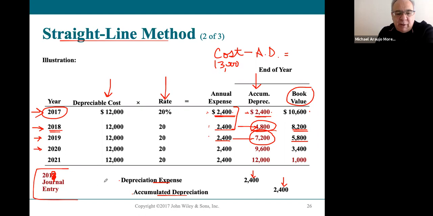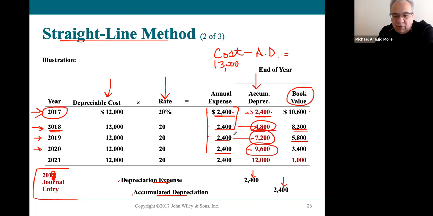After the 4th year, we do the exact same entry in the journal. Depreciation expense gets a $2,400 debit, accumulated depreciation $2,400 credit. Again, the expense accounts will get closed out. However, our accumulated depreciation shows that after 4 years of expenses, we have accumulated $9,600 of depreciation on this truck.